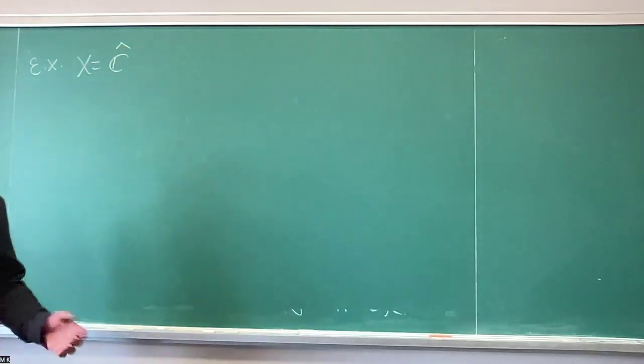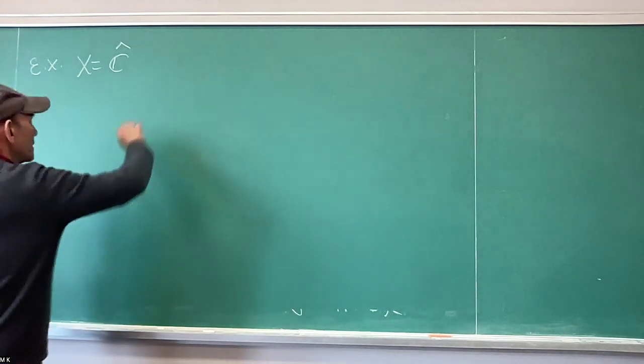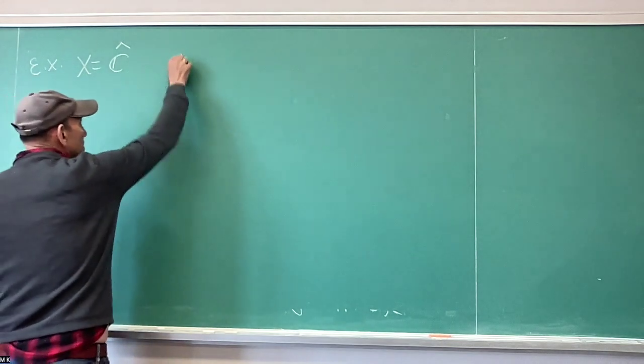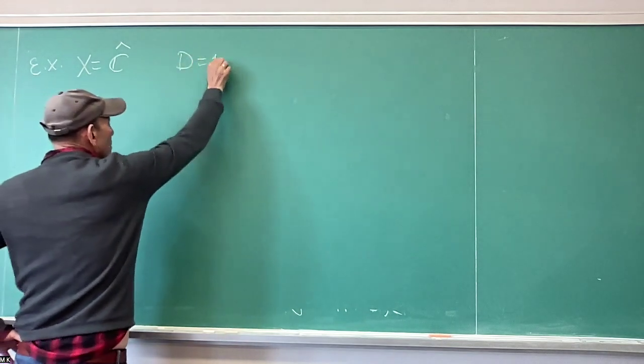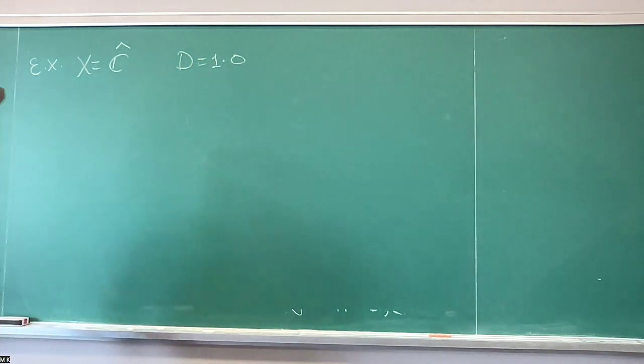So let's pick a divisor on C hat. Let's pick a divisor which is located at 0, right? So let D be equal to 1 times 0. That's our divisor. And we want to check Riemann-Roch against this.